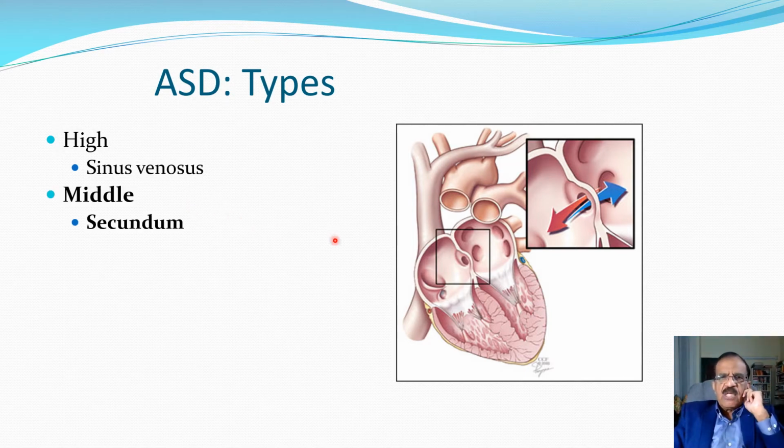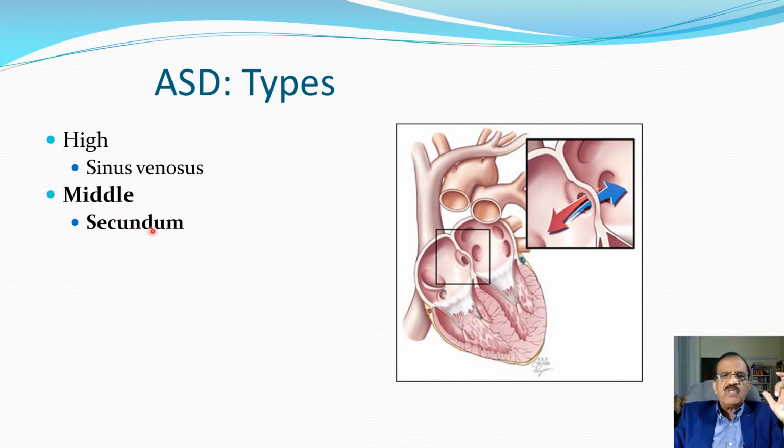But the commonest type of atrial septal defect is when the defect is somewhere in the middle, in the region of foramen ovale, and that is called a secundum defect.